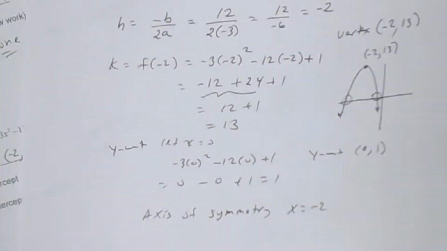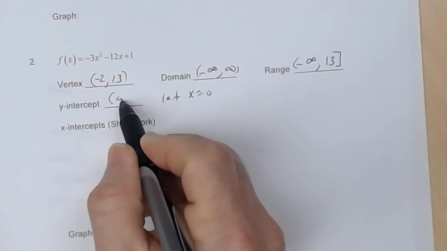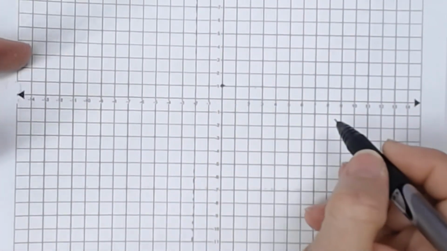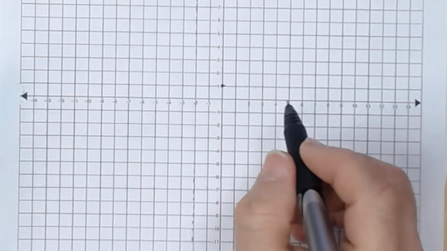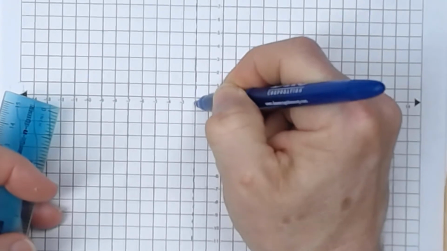Okay, now the other thing I know is that the y-intercept is (0, 1). So I'm going to go ahead and plot that. So here's (0, 1) right here. So there's my y-intercept. Now remember, let's talk about symmetry. Here's your axis of symmetry right here. You can't see it very well.